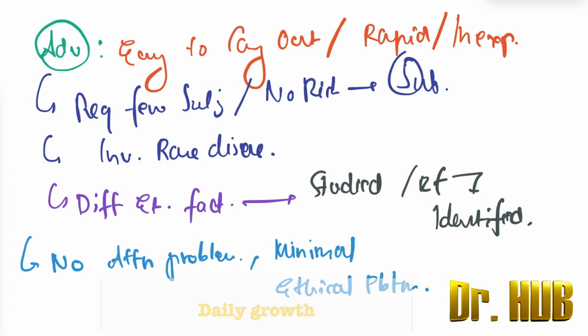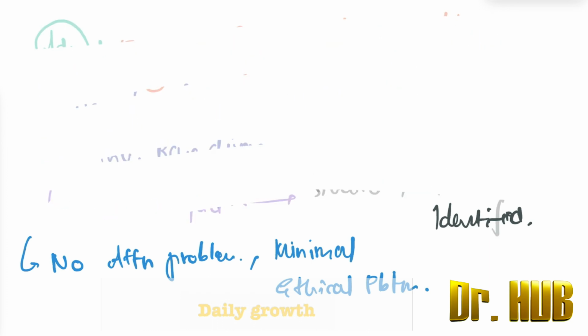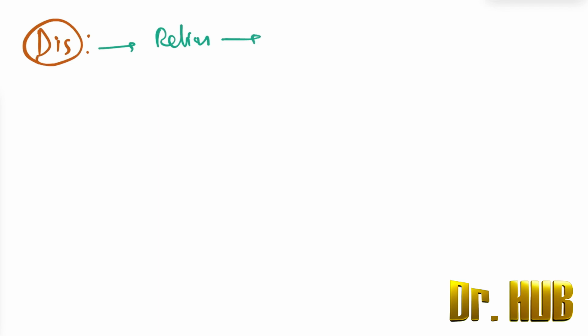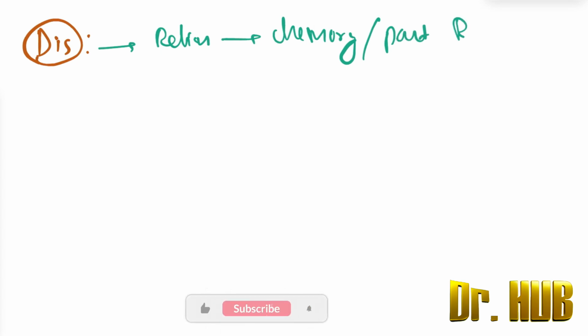So now we saw the advantages. Wherever there is advantage, there must be disadvantage as well, so let's look at the disadvantages of the case control study. It relies on memory or past records. It gives rise to bias.